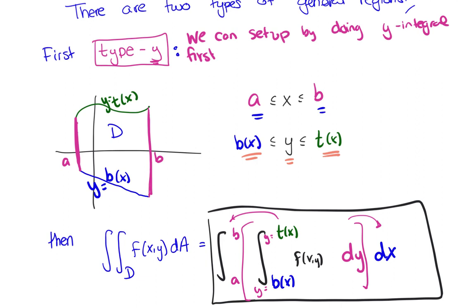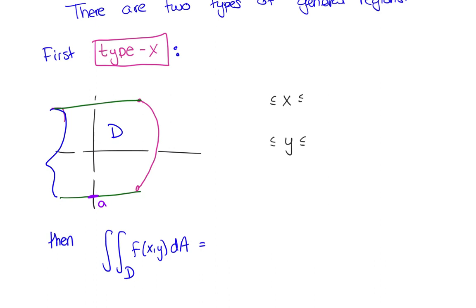We have a similar thing for a type x integral. For type x, we want to think about having some function on the lower side, the left side of x, and a different function on the bigger side of x, and these are going to be x equals functions. I'm going to call this one r of y because it's the right side, and this one l of y. Sorry, it has to be a function of y.